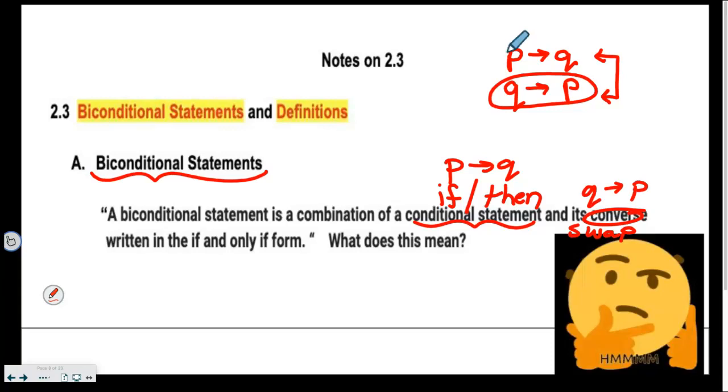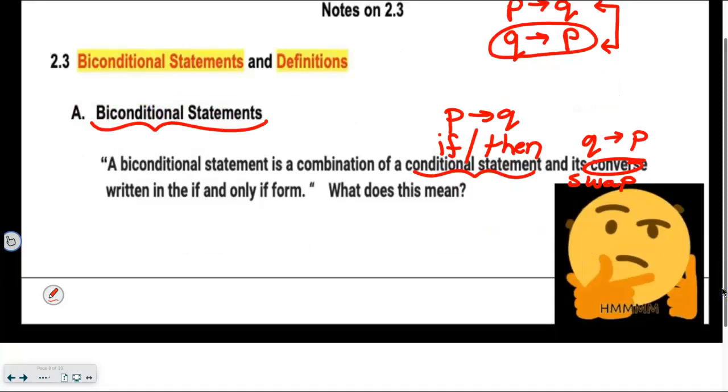Okay, so what does that mean? It means we are going to take the original statement. So I'm going to write that down. Suppose I'll use the cry and sad. I'm going to say, if I am sad, then I cry. That is my original conditional statement.